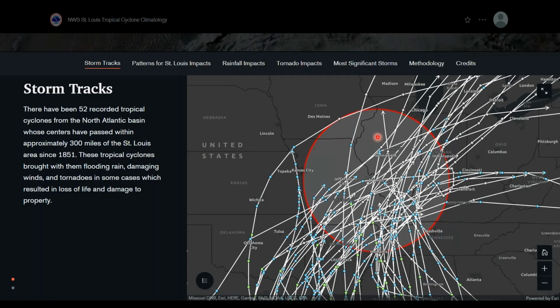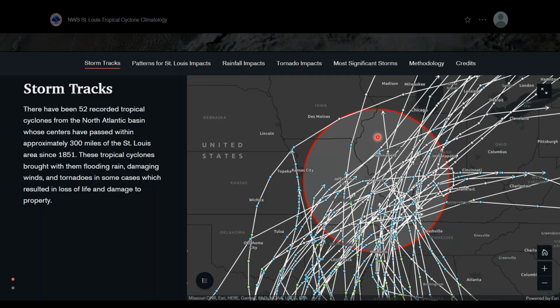With St. Louis being such a far inland area, it's not going to be as easy to fully identify every single case, especially given that most TCs at this point are undergoing extratropical transition or dissipating. So we provided a pretty large 300-mile wide radius around the St. Louis area to capture the broader impacts these TCs provide when they move inland.